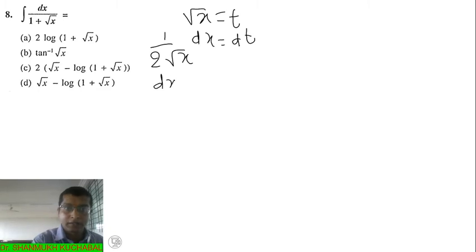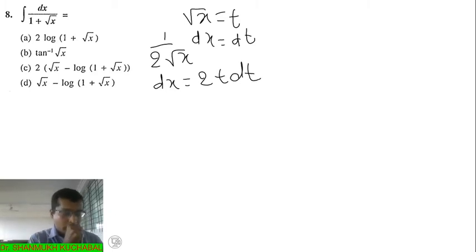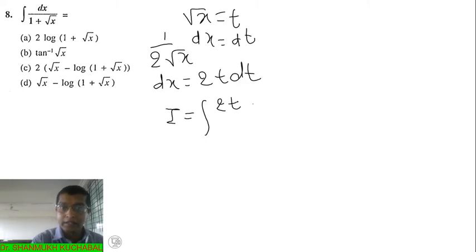So dx equals 2 root x, that is, 2t dt. Yes, these values we have to substitute in the integration. So integration I equals 2t dt divided by 1 plus root x, which is t.